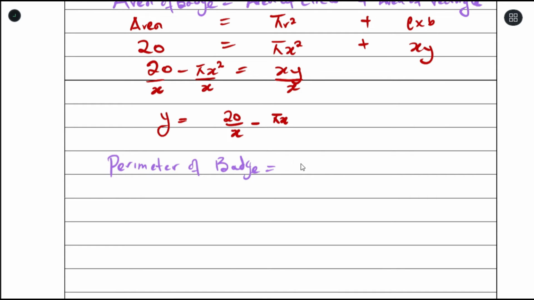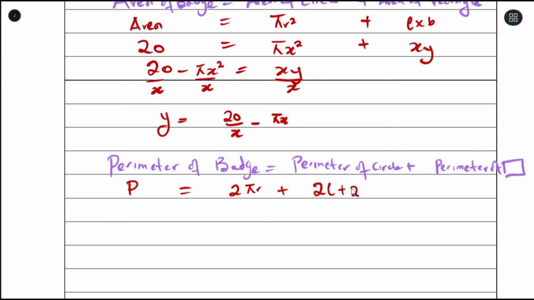So now writing the perimeter of the badge, it is equal to the perimeter of the circle plus the perimeter of the rectangle. I'm just going to draw the shape. So P is equal to the perimeter of your circle, the formula is 2 pi r, plus the perimeter of the rectangle, which can be represented as 2L plus 2B.